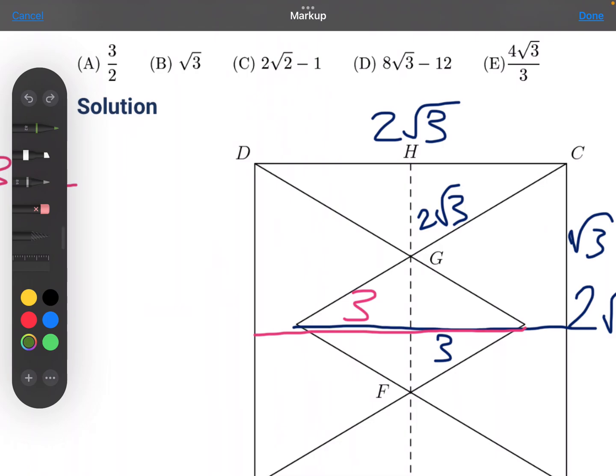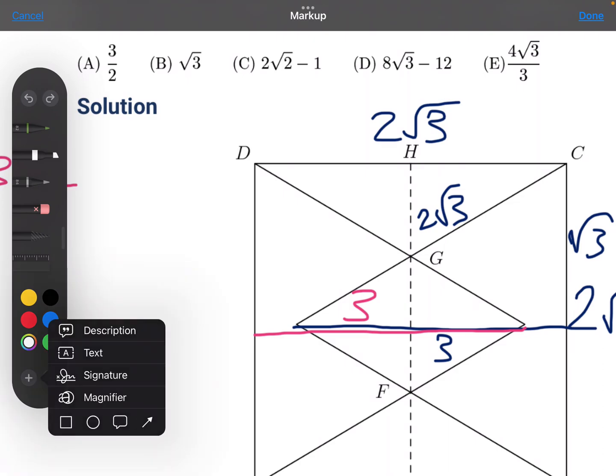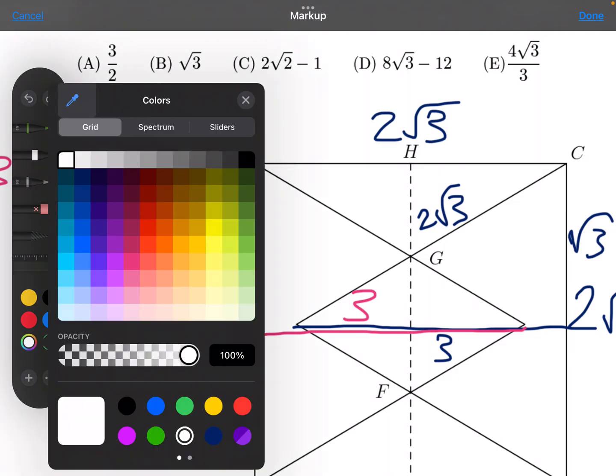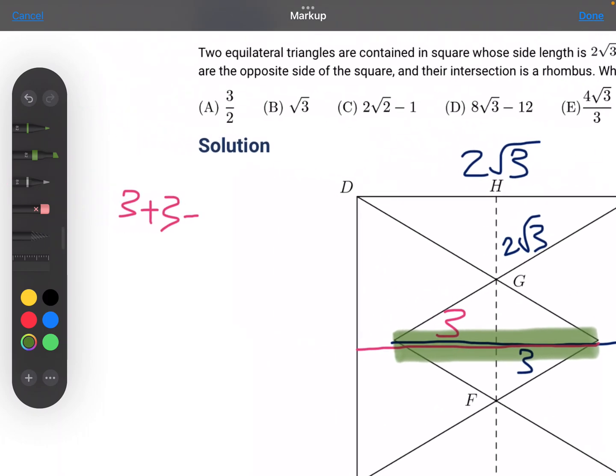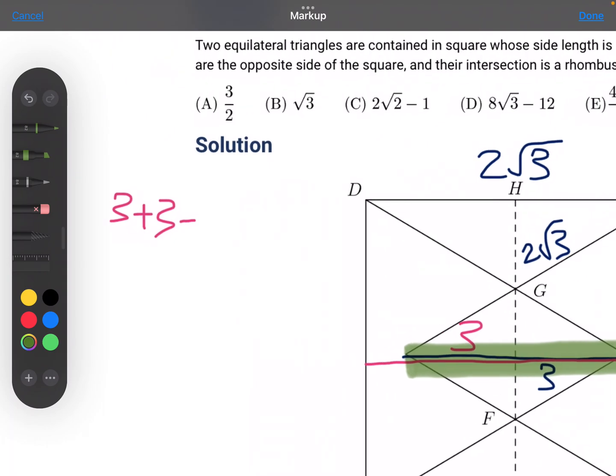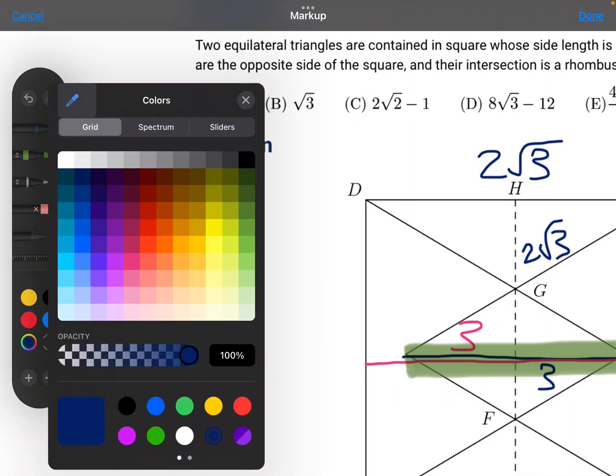The overlap, let me use the highlighter. Overlap, we'll call that x, and we're going to subtract that from 3 plus 3, which is 6, to get the overlap, which will make sense shortly. X, and then that equals 2 square root 3.